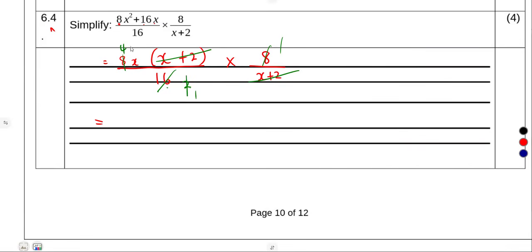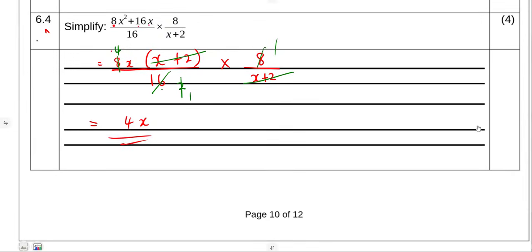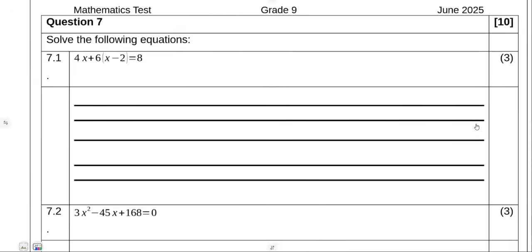So you're going to remain with 4 times x, which is 4x over 1. Whatever is over 1 is simply going to be 4x at the end, for 4 marks. Just factorization, then simplification. We are done.